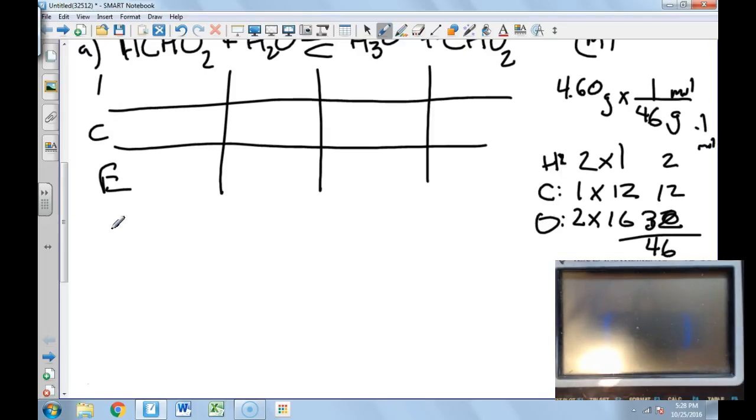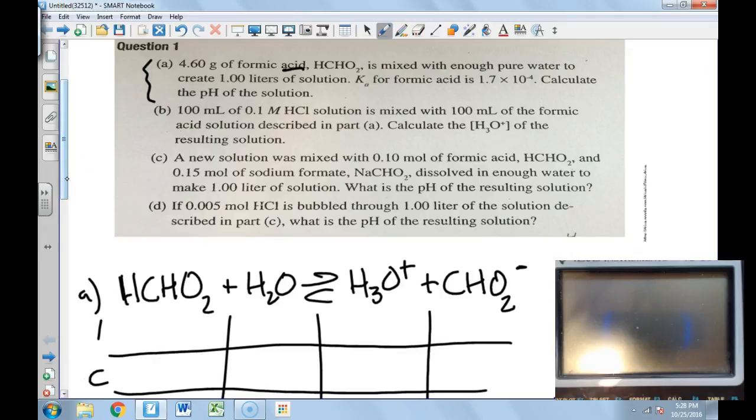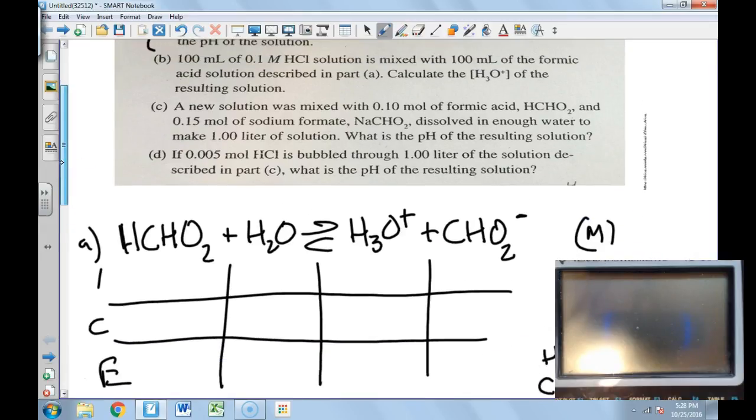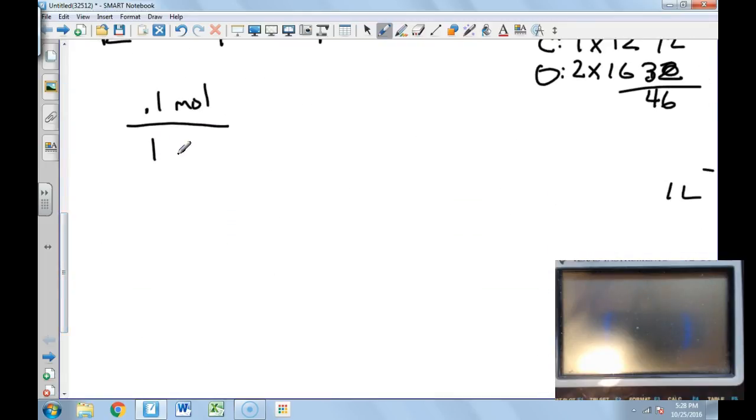But we need the molarity, so 0.1 moles divided by how many liters? 1 liter. It says right here in the problem, 1 liter of solution. So divided by 1 liter, that equals 0.1 molar.